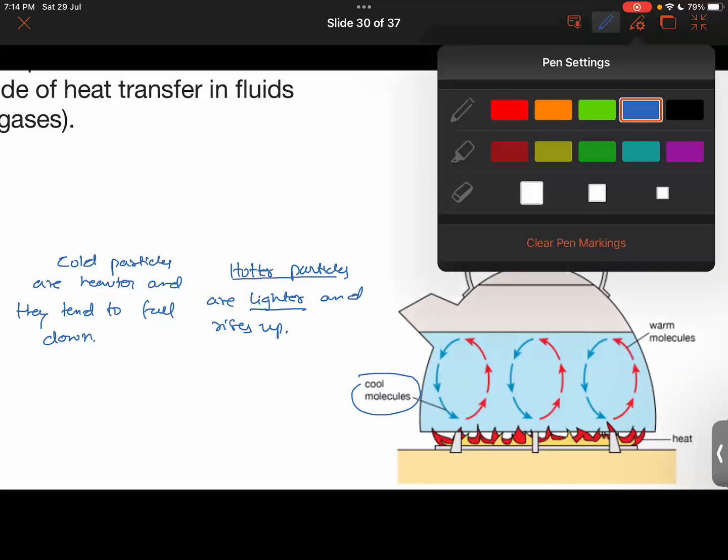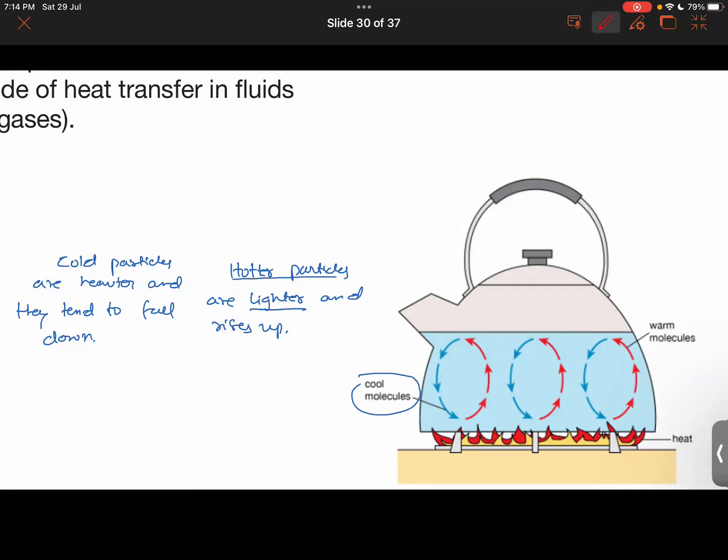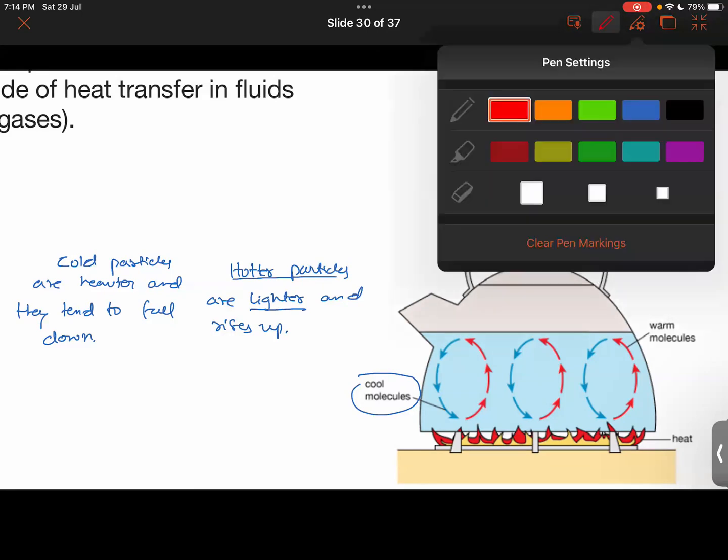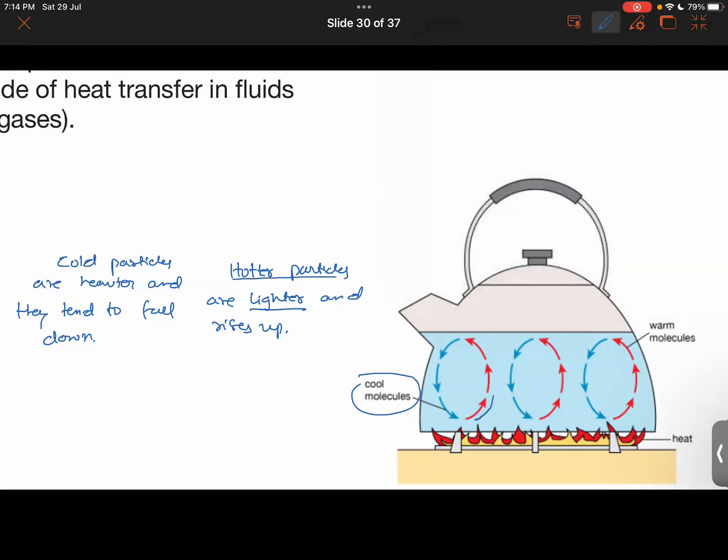Since their weight is now lighter, they are going to rise up. Getting it, guys? So there's a continuous cycle of motion of cool molecules and warm molecules. There's an actual movement of molecules in this one.